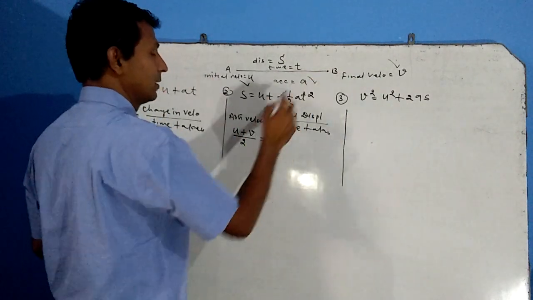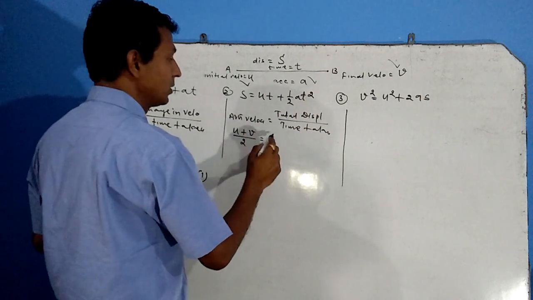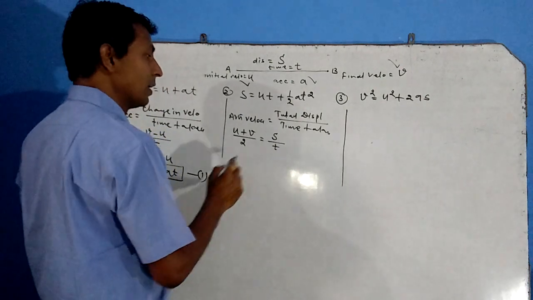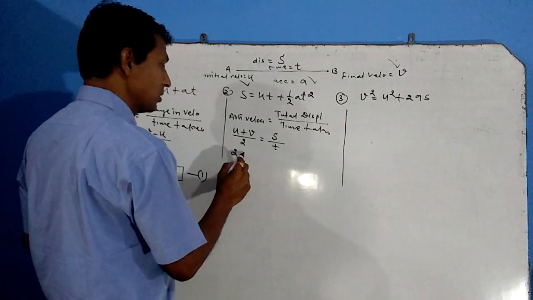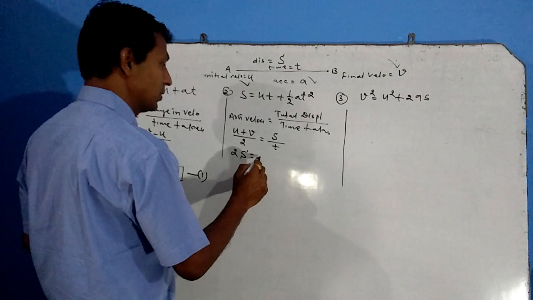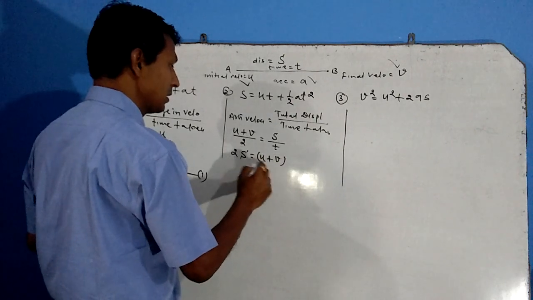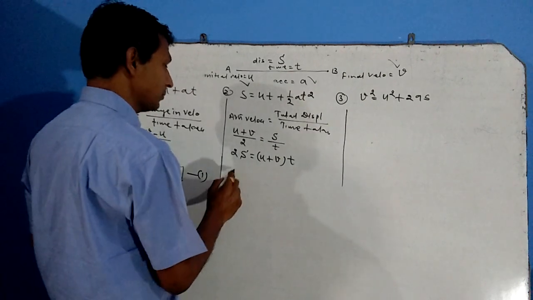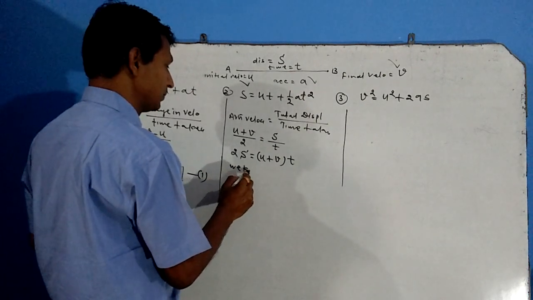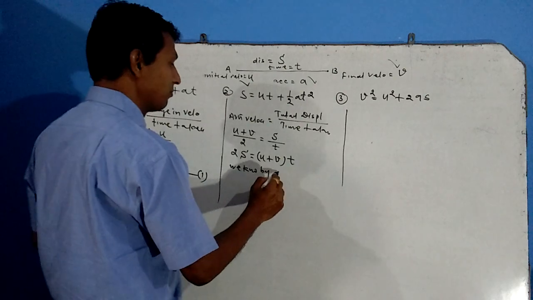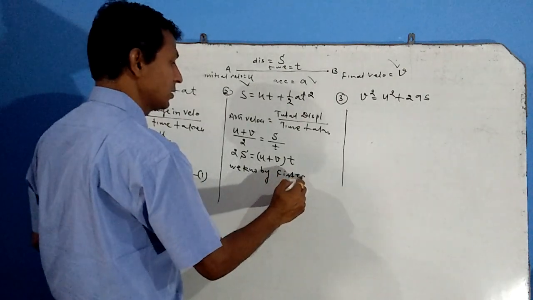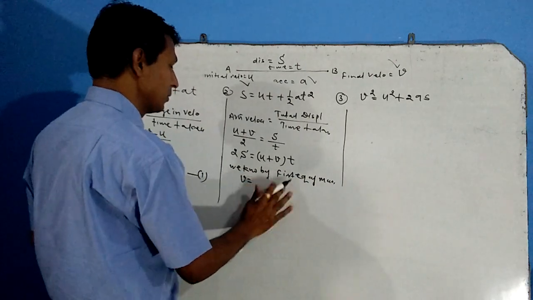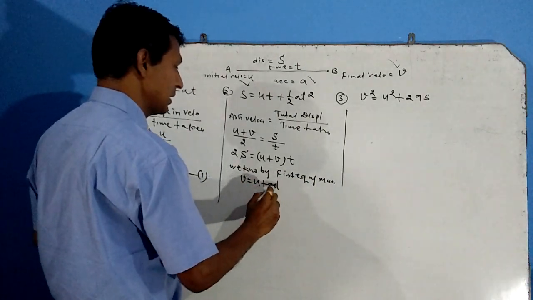Total displacement, as I have explained earlier, is s and time is t. After cross multiplication, twice s is equal to u plus v multiplied by t. Friends, we know by the first equation of motion, v is equal to u plus at.